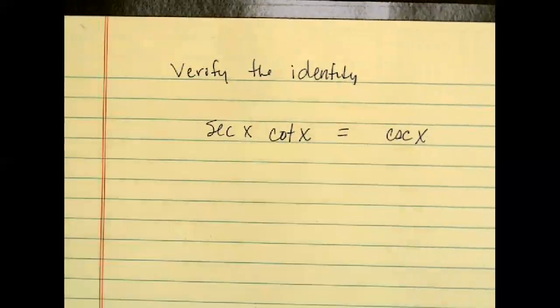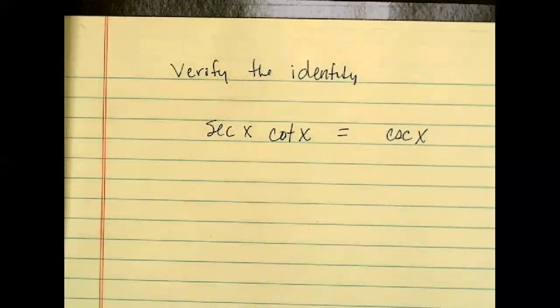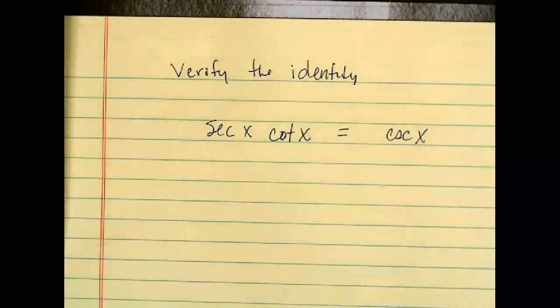And that'll be the problem. What you'll need to do is try to write the more complicated side in terms of sine and cosine. The very first thing that you should try is to write things in terms of sine and cosine, and then usually things will simplify.